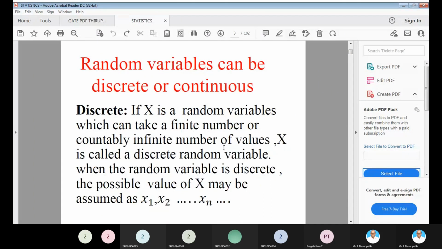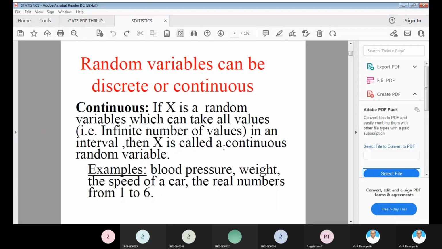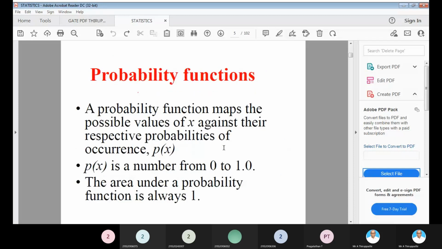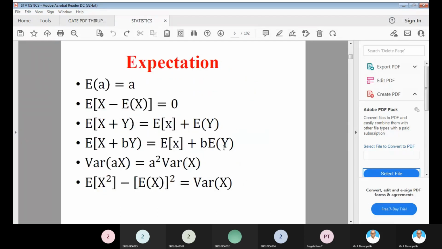In a discrete random variable, X is a random variable which can take a finite number or countably infinite number of values. Next, continuous random variable: if X is a random variable which can take all values in an interval, it is called the continuous random variable.